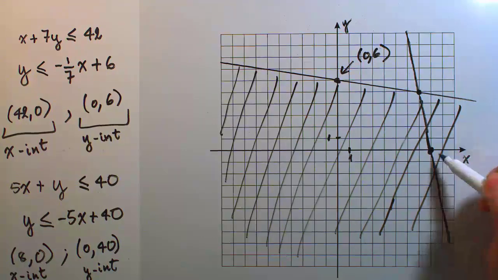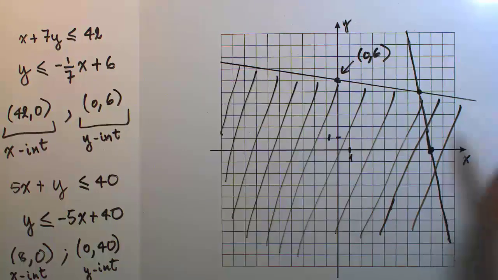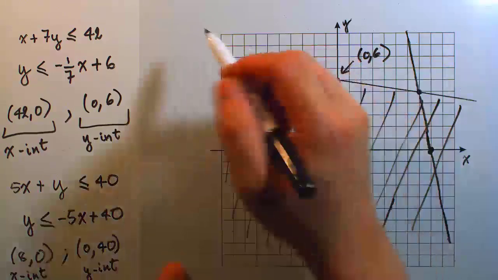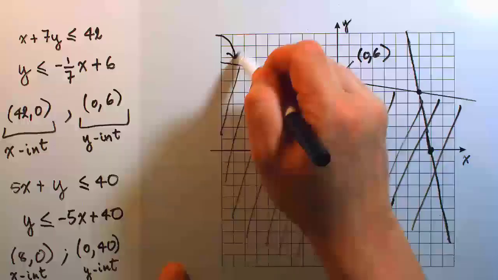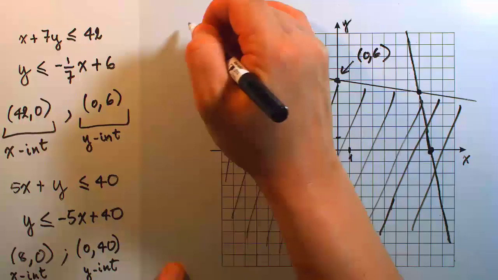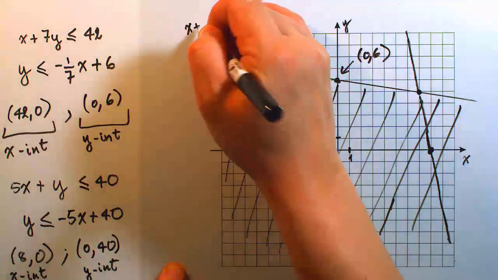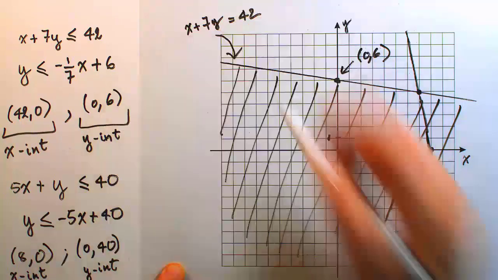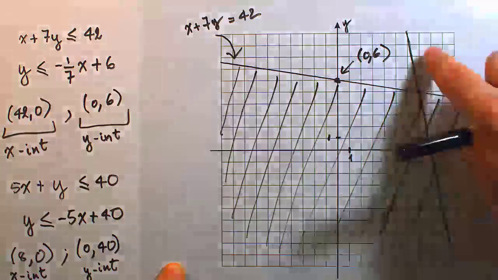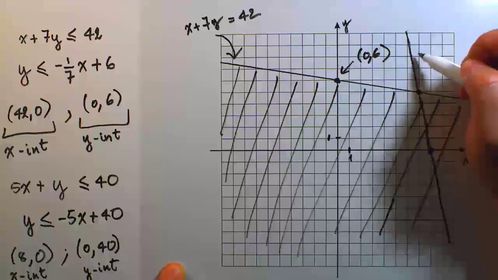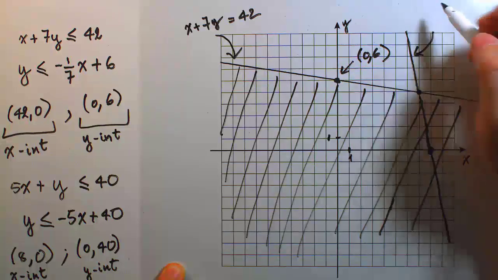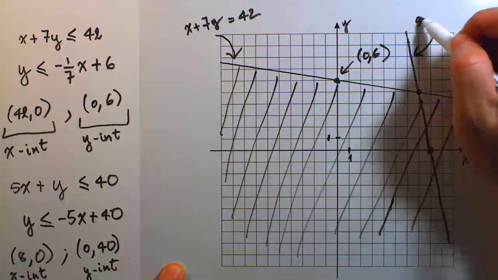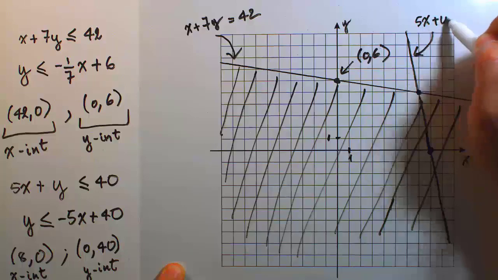And so let's now quickly make a label right here. This line here is the line x plus 7y equals 42. This other line here is the equation 5x plus y equals 40.